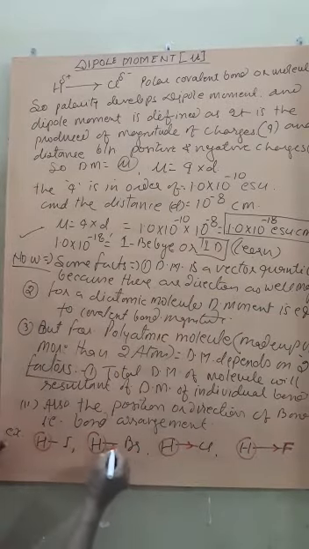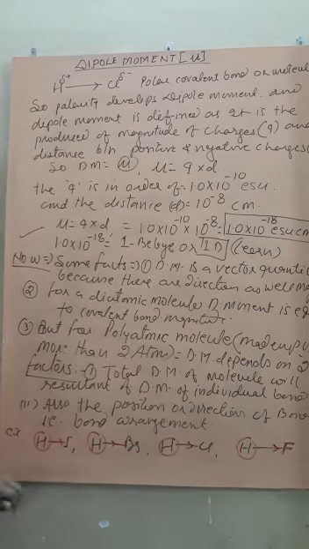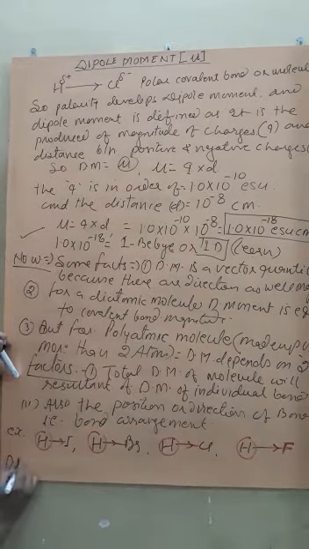Then lesser Cl, then a little lesser Br, and then a little lesser HI. That means on the basis of it, we can say the dipole moment will be in the same order.